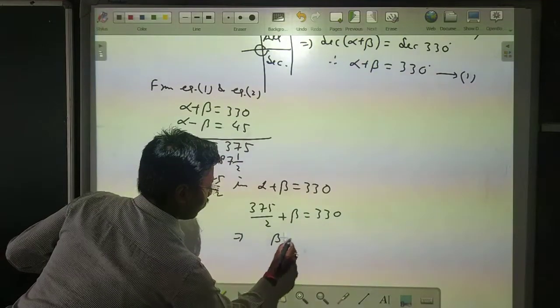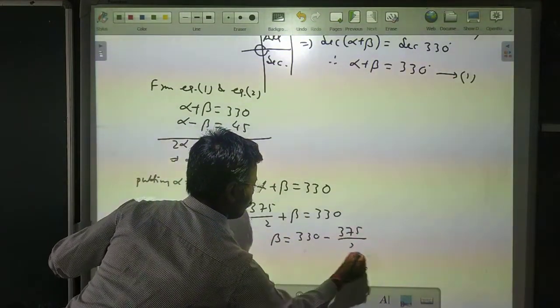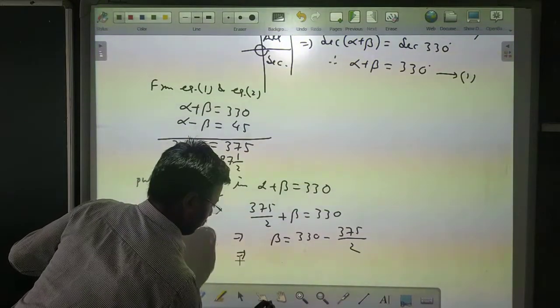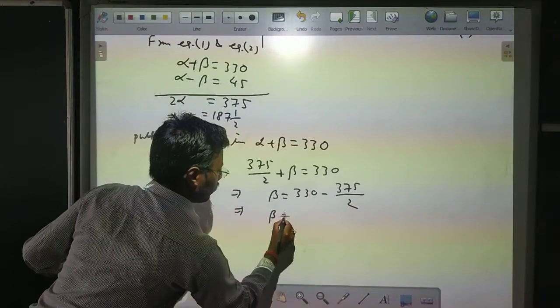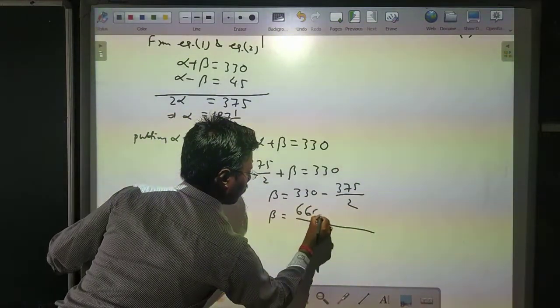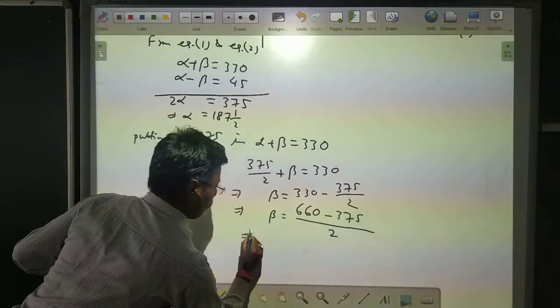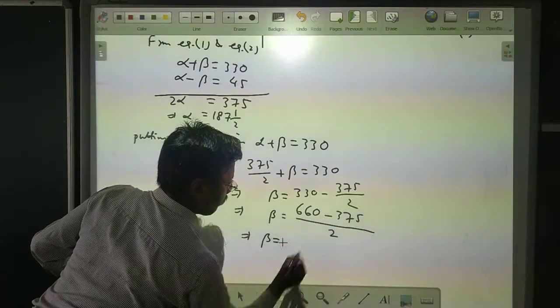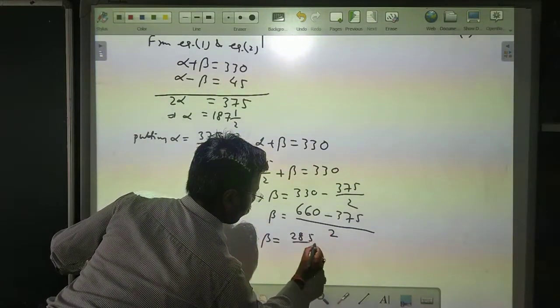So beta is 330 minus 375 by 2. So we get beta is equal to 660 minus 375 by 2. So it is coming as 285 by 2.